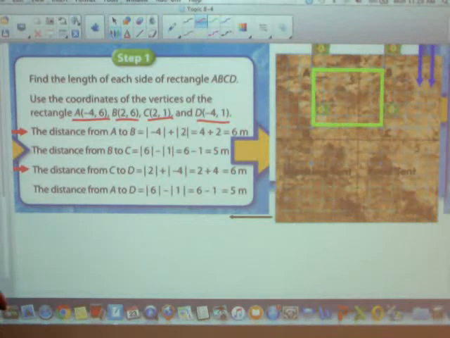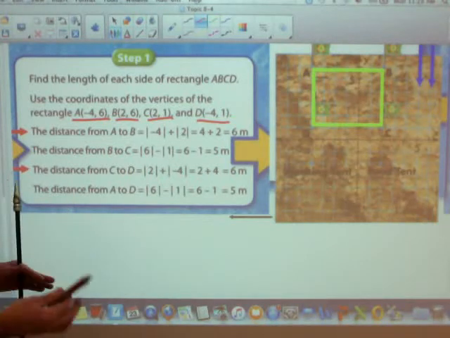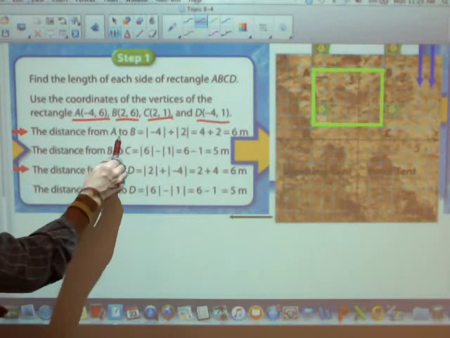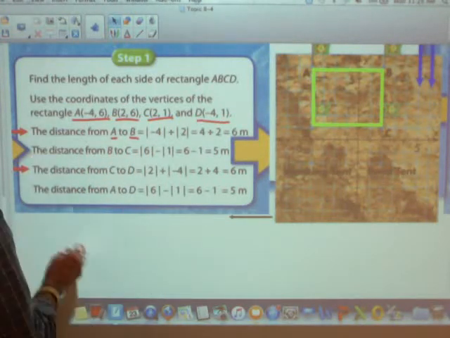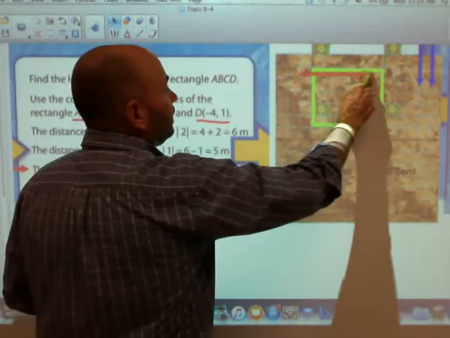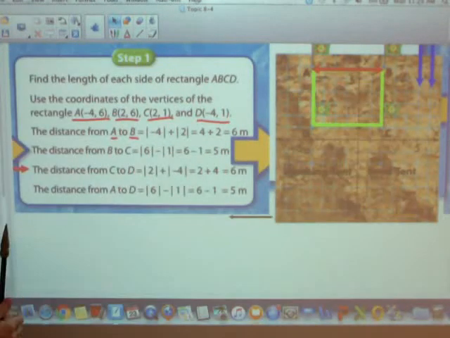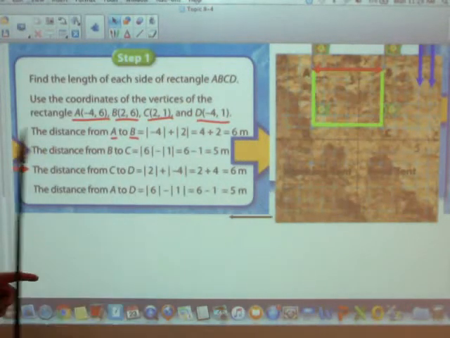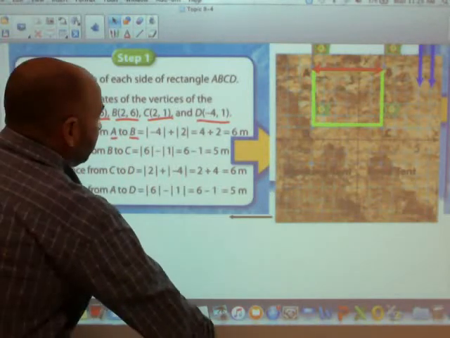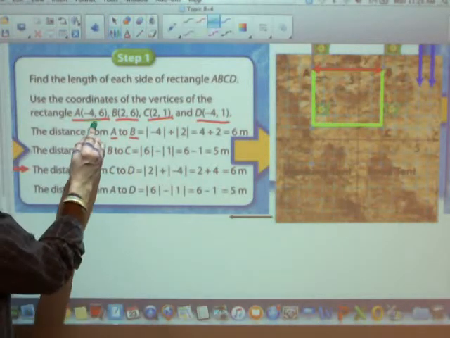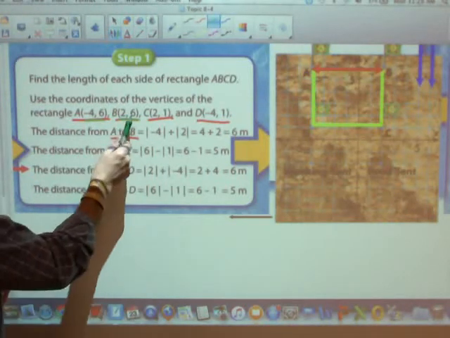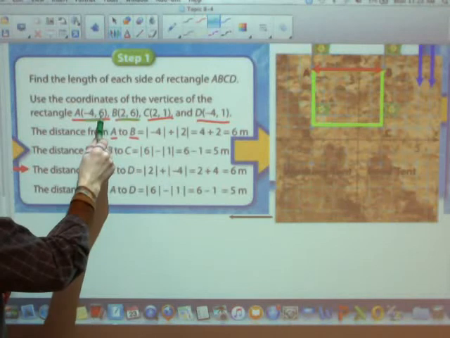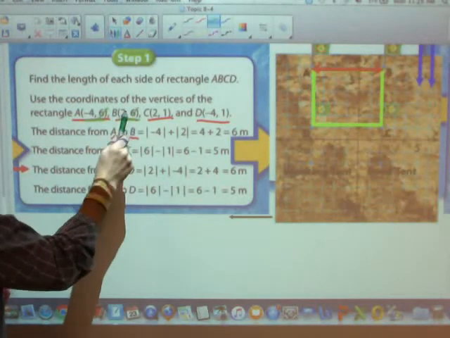Now the first thing that we're going to do in this case is establish a length. So we're going to use points A and B to determine a length. We want to find that distance from A to B. We take the coordinates from A and the coordinates from B, and they are both on the same y value, so we're not going to use the y value.